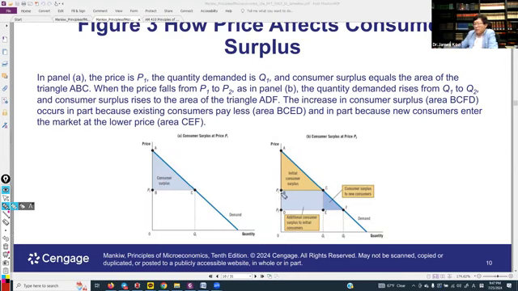Originally, the surplus was only this area. With the price at P2, there is more area, which is the increase in consumer surplus. The increase in consumer surplus is the area BCFD. This area is the increase.